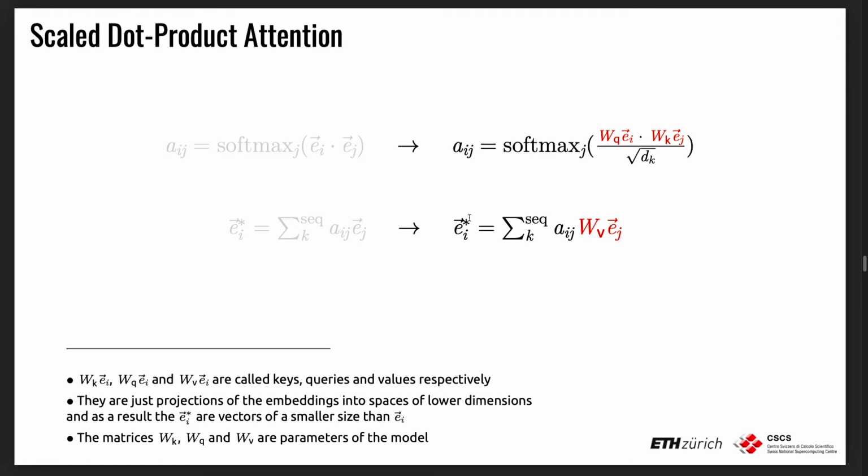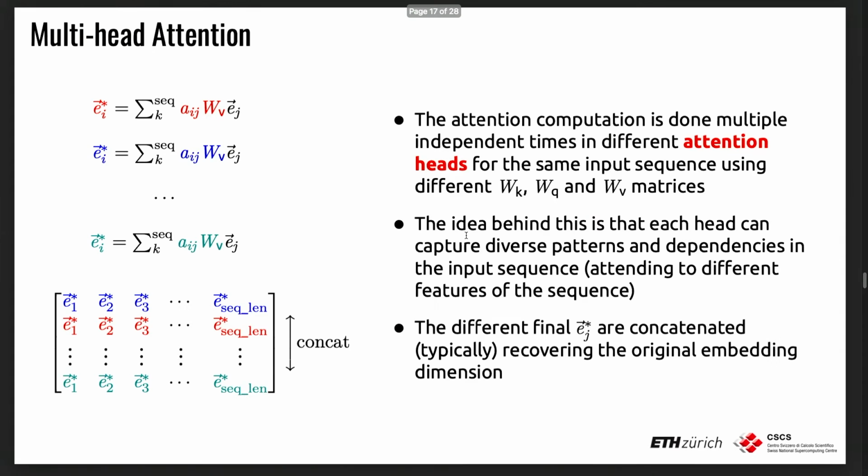And so remember, I said that they get smaller. In practice, in the transformer model, the last bit about attention is that this operation, for every input, is done multiple times at the same time, and with different Ws.